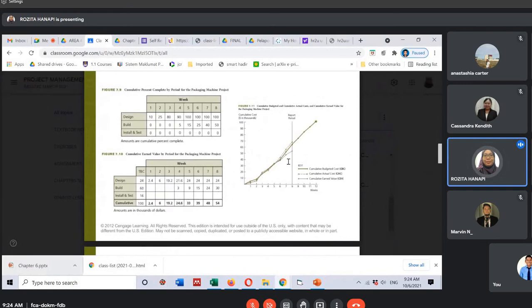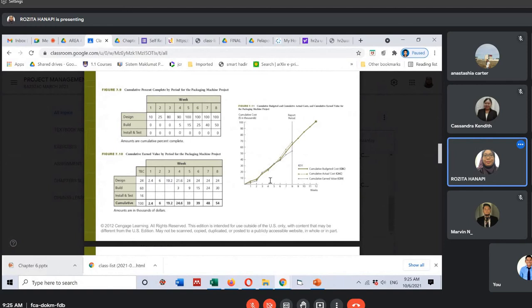Okay, this one is an example of a cost curve, where you compare all the three costs in this chart.